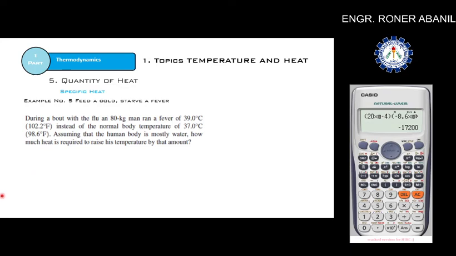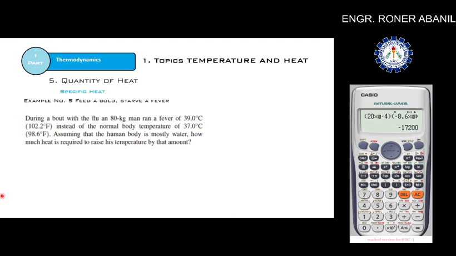So sabi dito, during a bout with the flu, an 80 kilogram man ran a fever of 39 degrees Celsius or 102.2 degrees Fahrenheit, instead of the normal body temperature na 37 degrees Celsius. So assume the human body is mostly water, how much heat is required to raise the temperature by that amount?